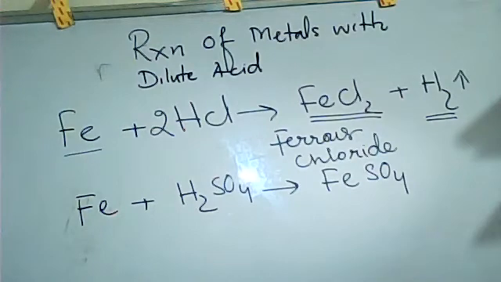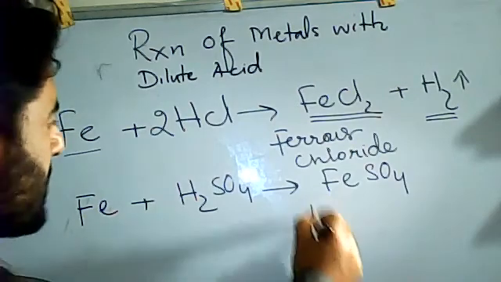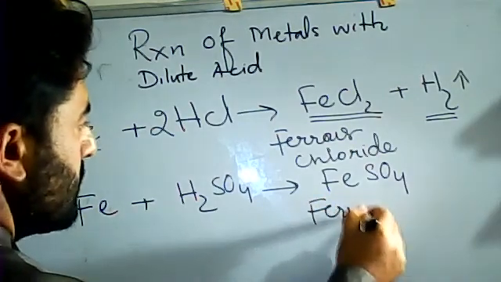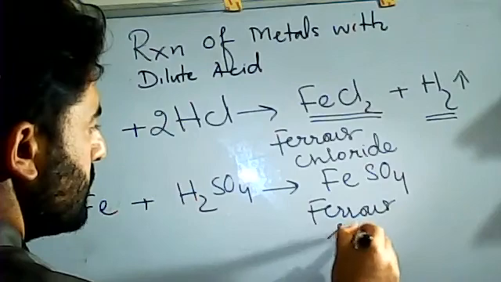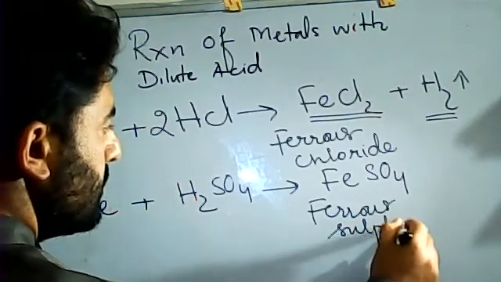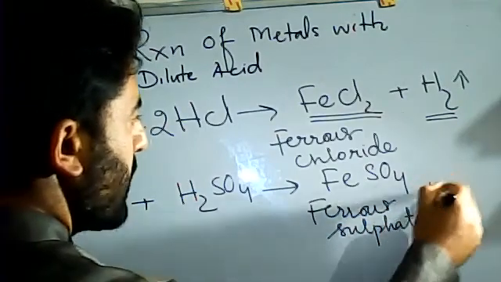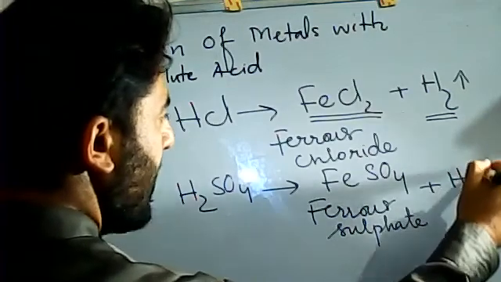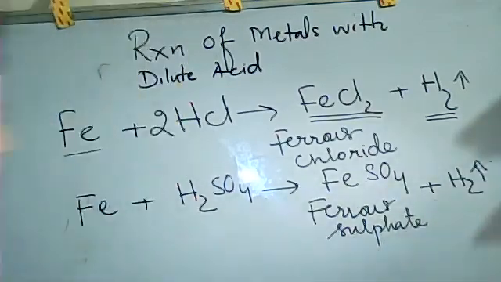So the product formed will be the sulfate of iron, that is ferrous sulfate. And there will be production of hydrogen gas. This also indicates, by the rate of reaction, that iron is less reactive than the other metals.